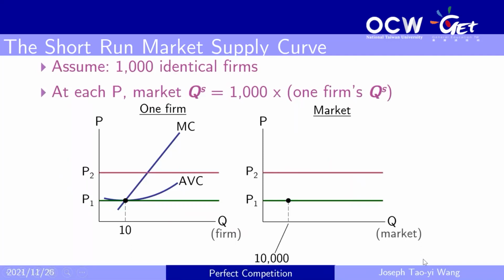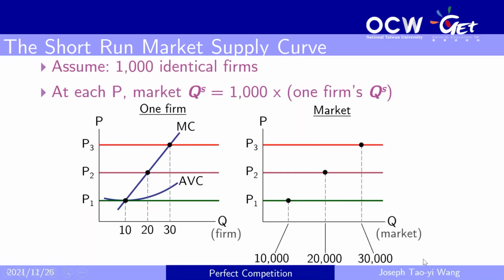At price P2, suppose the profit maximizing quantity is 20 for each firm. So multiplying this by 1,000, you have 20,000 as the market quantity supplied. And at an even higher price, when the profit maximizing quantity for each firm is 30, then the market quantity supplied is 30,000. So then by summing this up, you can get the market supply curve.